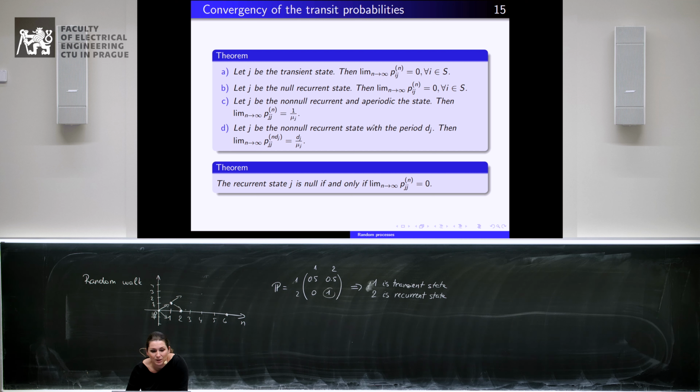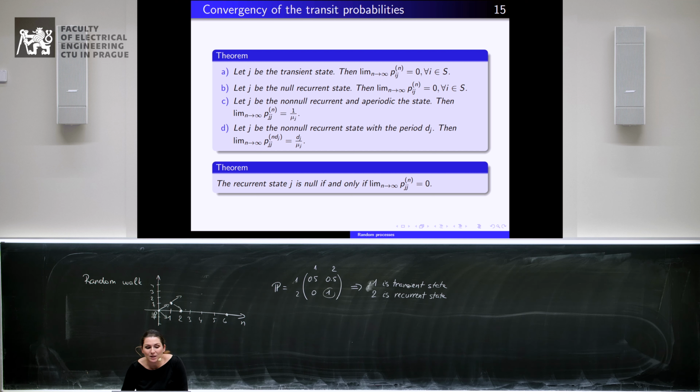And in fact, everything follows or can be better seen from part C of the theorem, which says that when the state is non-null recurrent, so the classical state, like sunny, rainy, and cloudy in our example, where we can go from each state to each state, then the limit probability is 1 over the mean time waiting for the return.